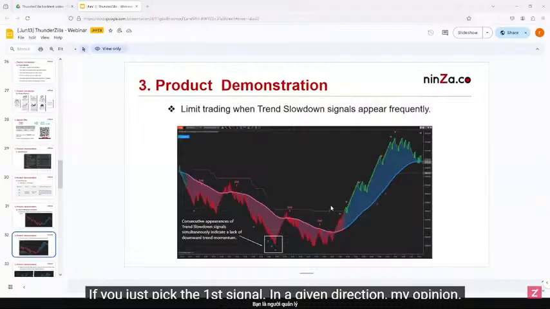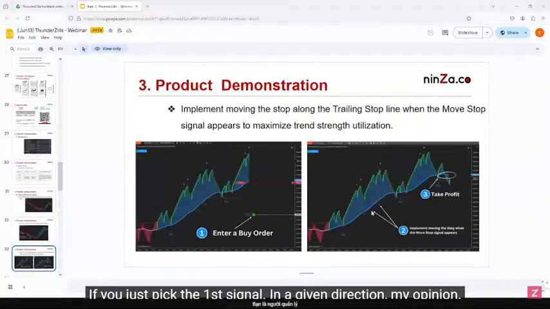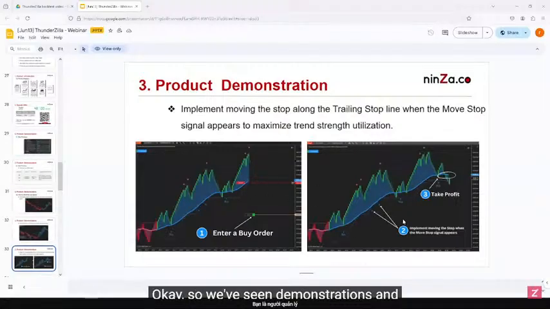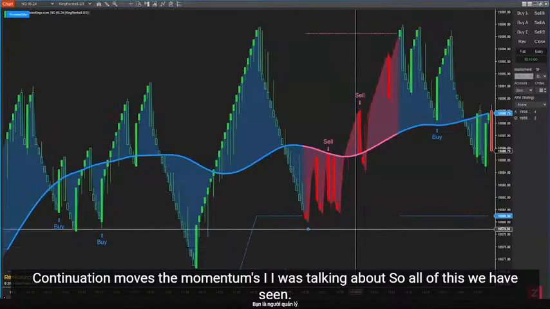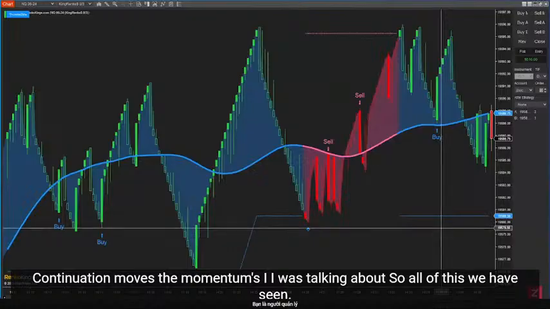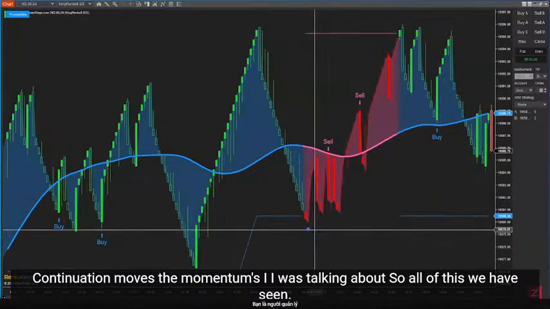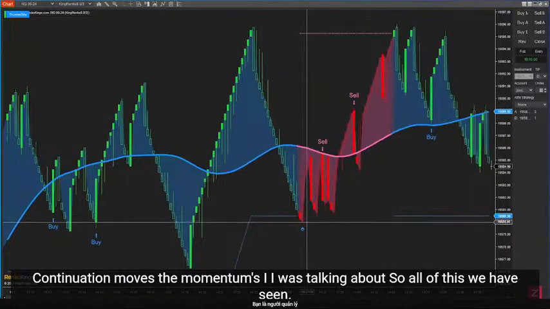Okay, so we've seen demonstrations of the buy, continuation moves, the momentums I was talking about. So all of this we have seen. And I would love to see another one of these oversold signals.